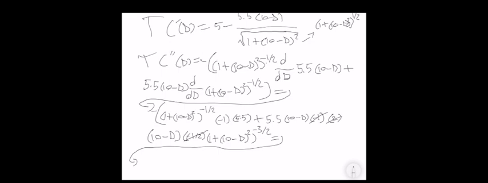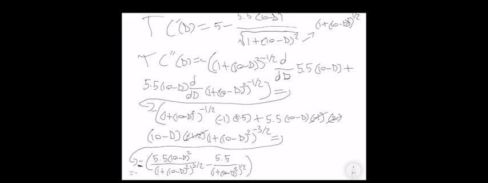We still have the negative symbol on the other part, so we have negative 5 5/10 times, since we have 2 (10 minus d)'s, (10 minus d) to the second, over (1 plus (10 minus d) to the second) to the 3/2. And now minus 5 5/10 over (1 plus (10 minus d) to the second) to the 1/2. Then we can simplify this even more.